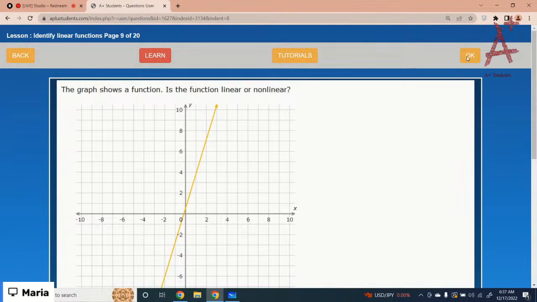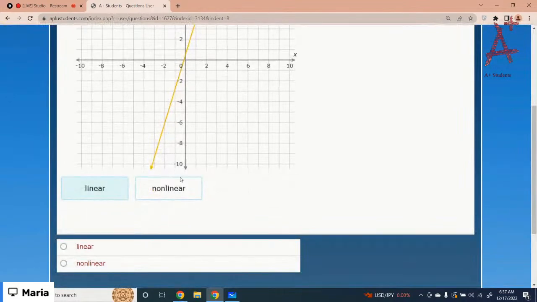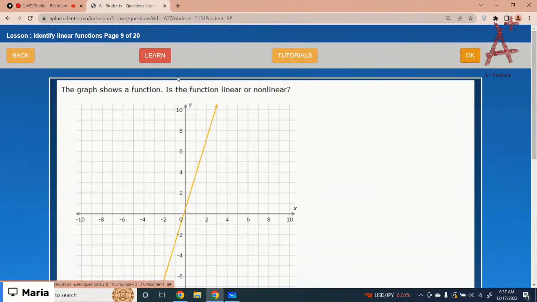The graph shows a function. Is the function linear or non-linear? It is the linear one. Got it? Okay, you can complete the test by yourself later today.